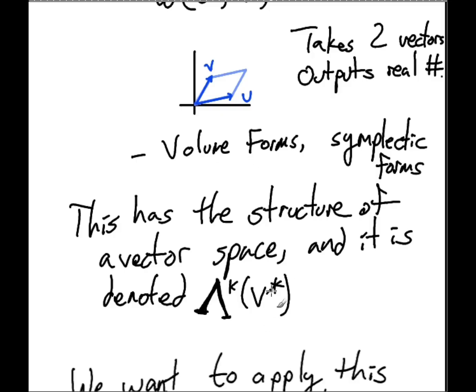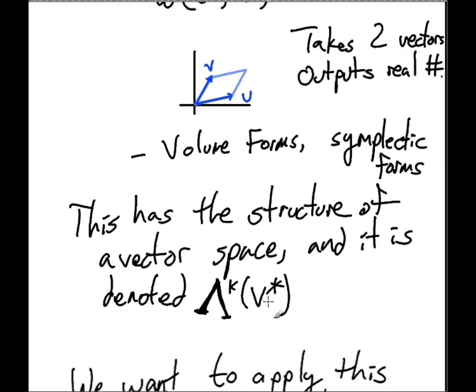The star denotes that we're dealing with the dual of this vector space, the collection of all of the covectors from the dual space. These eat one vector at a time and output some number.